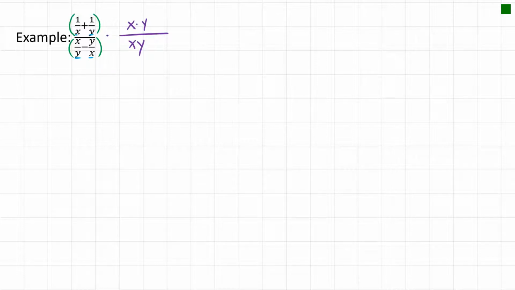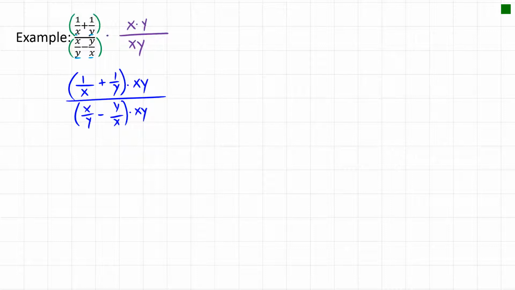And now I'm going to multiply this in. So I have 1 over x plus 1 over y times xy, over x over y minus y over x times xy. And watch what happens as I multiply it in. So as I multiply xy times 1 over x, the x's cancel and I'm left with just y.